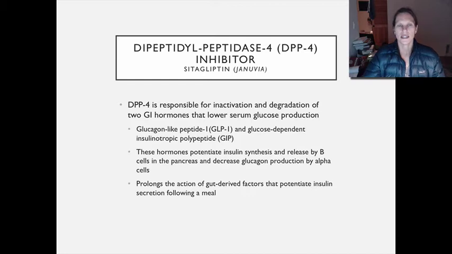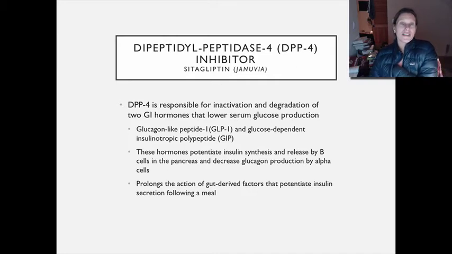Then we've got the DPP4s. These are sort of newer drugs, the DPP4 inhibitors. DPP4 is called dipeptidyl peptidase 4. DPP4 is responsible for activating and breaking down two GI hormones that are responsible for lowering serum glucose.